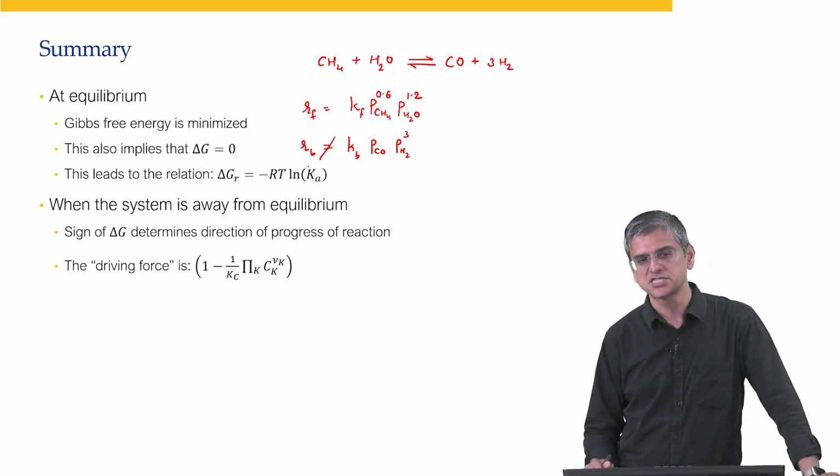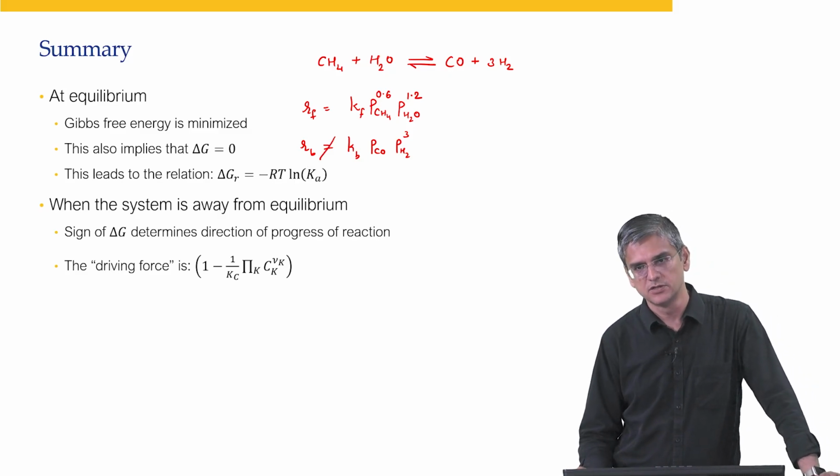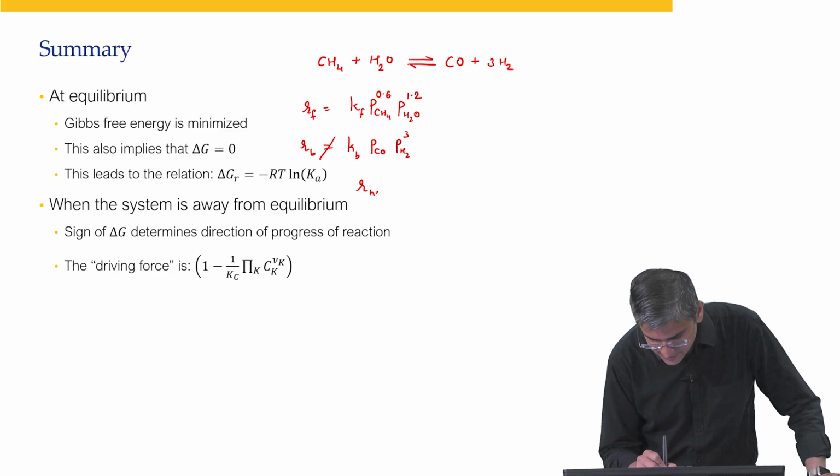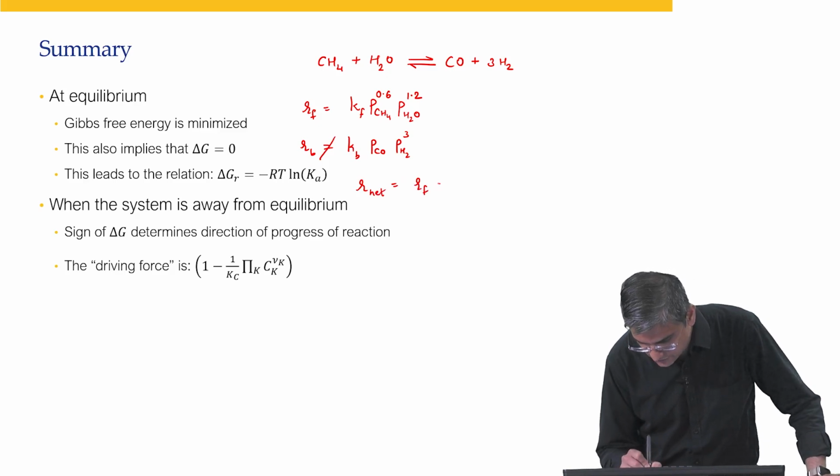The rate of backward reaction cannot have this form, okay, because R net is equal to R forward minus R backward. Okay.